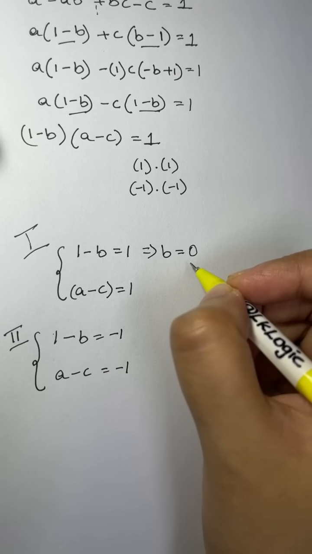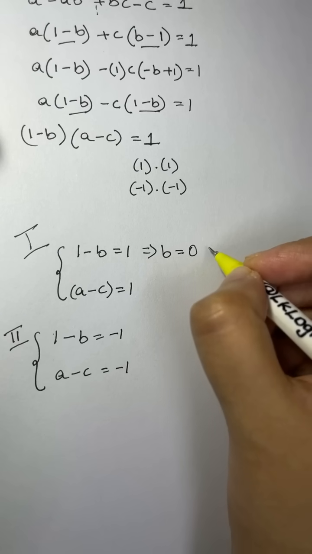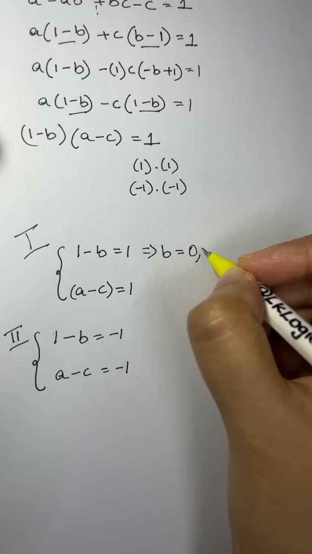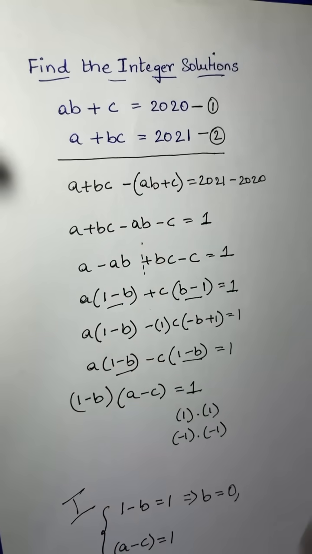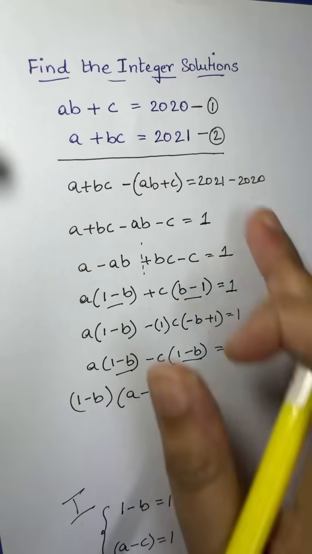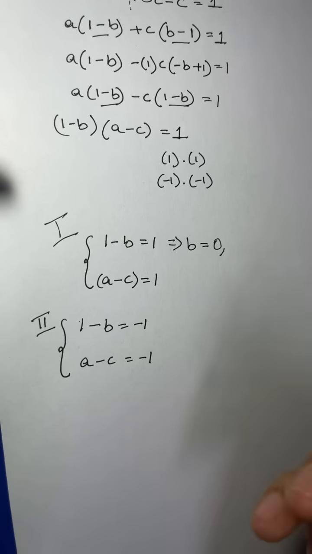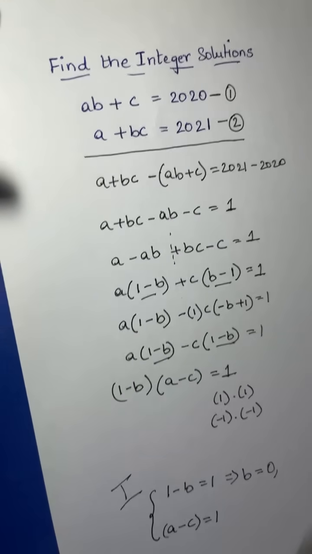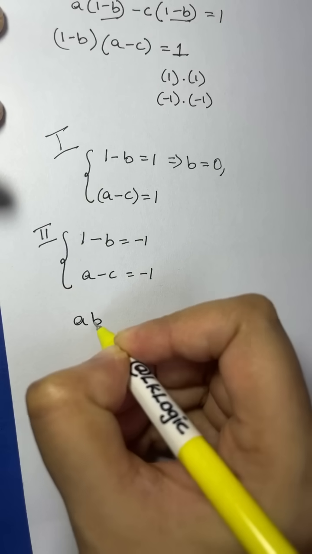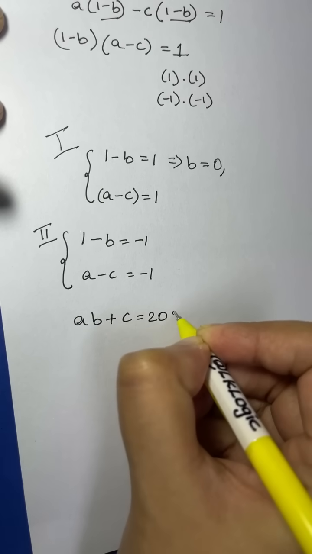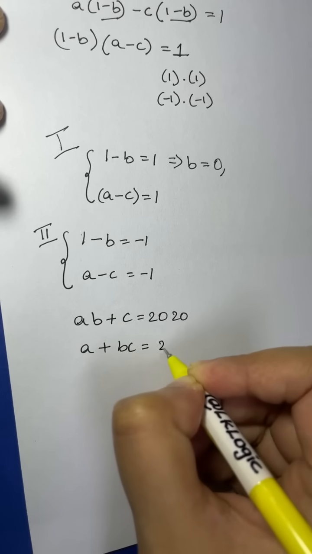So your B is 0. Then what will be the values of A and C? When you have this, you are going to substitute into the original equations. What were the equations we have? AB plus C equals 2020, A plus BC equals 2021.